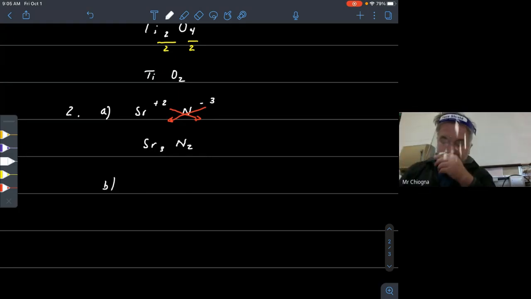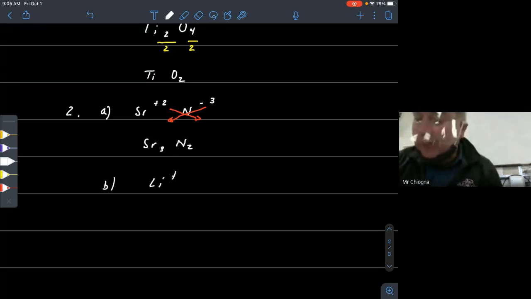Next one, lithium oxide. Lithium has a +1. Oxygen -2. Crisscross. I'm going to stop showing this in a while just to remind you I'm doing this. Li2O.